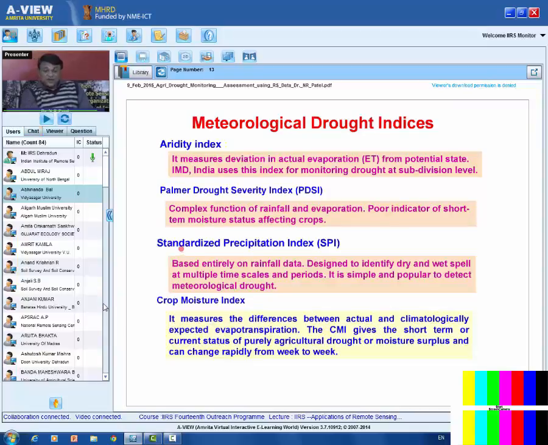But in India and other developing countries, the standardized precipitation index is a very easy and simple index, entirely based on only rainfall.